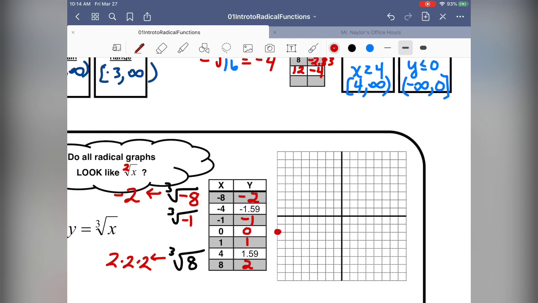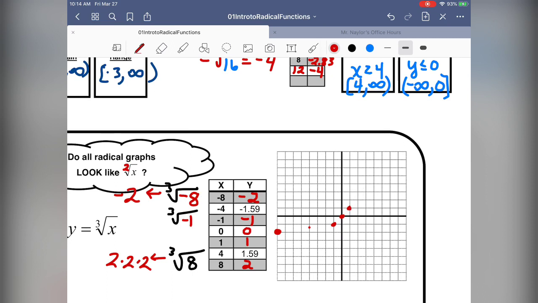Take your time and graph. There's negative 8, negative 2. Here's negative 4, negative 1.5. And moving a little closer, we get negative 1, negative 1. We have 0, 0. And do you see what the shape of this graph is starting to look like?